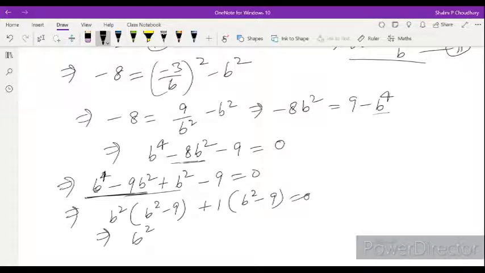It means (b square plus 1) into (b square minus 9) equals 0.